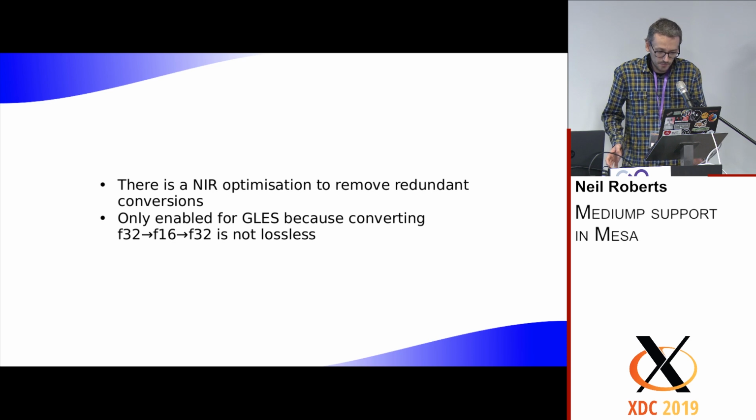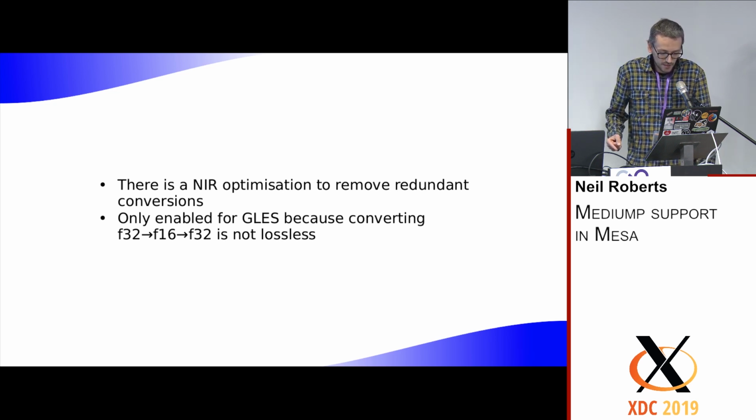So we added a NIR optimization pass that, whenever there's a conversion between float 32, float 16, and float 32, or the other way around, just gets rid of them. This is only enabled for GLES because converting to float 16 and back isn't lossless.